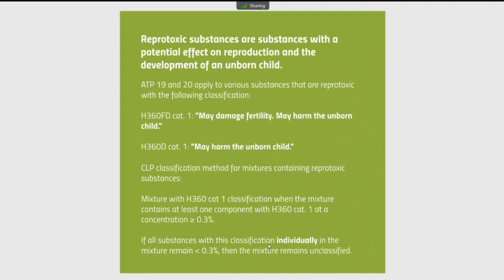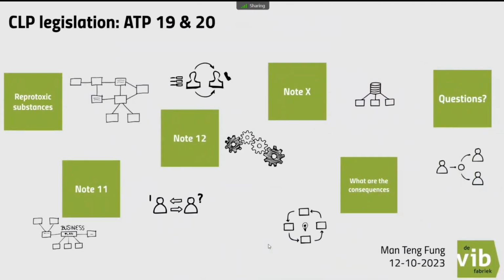If the concentration of each individual substance is higher than 0.3%, then the mixture will also be classified as reprotoxic category 1. So if all substances with this classification individually remain below 0.3% in the mixture, then the mixture remains unclassified. These are the normal classification methods for mixtures with these reprotoxic substances.